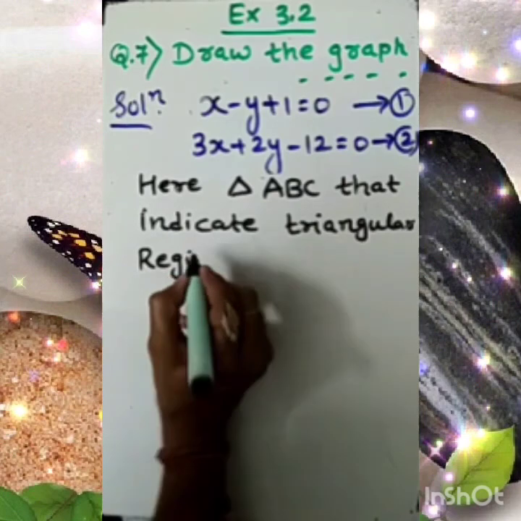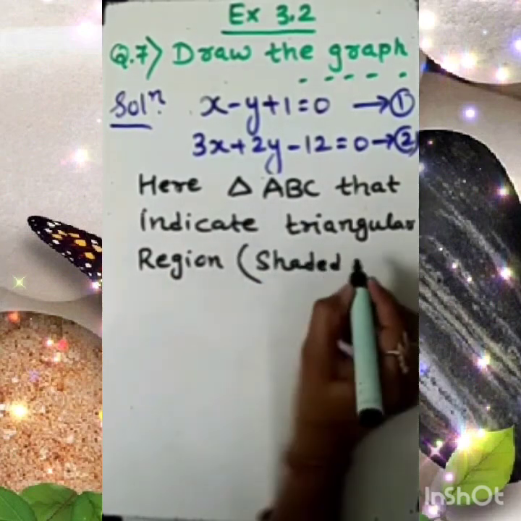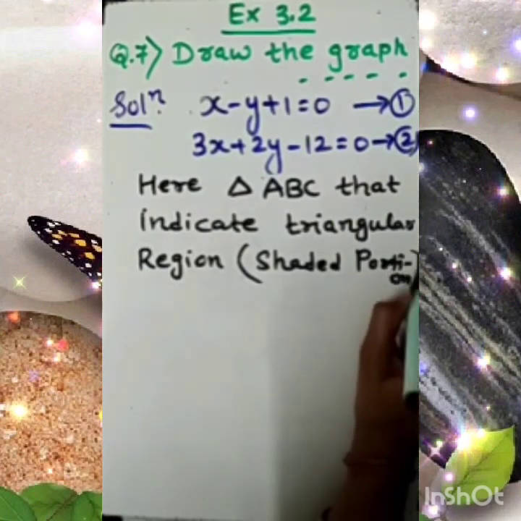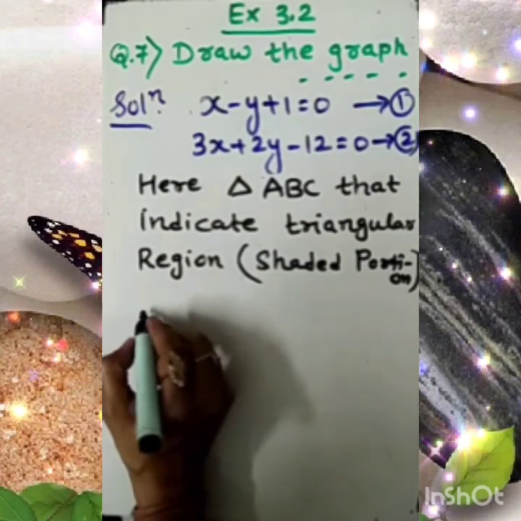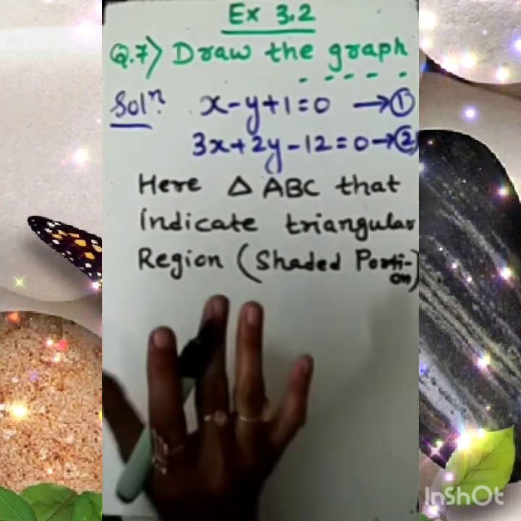In brackets you can mention shaded portion. And the coordinates are, okay, they asked for the triangular region and its vertices.